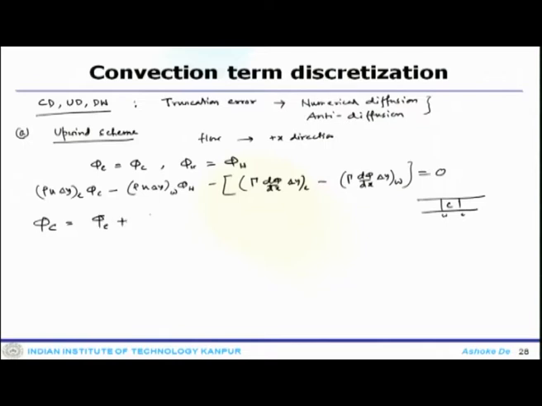Phi E plus d phi by dx at E times x E minus x C plus half d 2 phi by dx 2 times x E minus x C squared and so on.